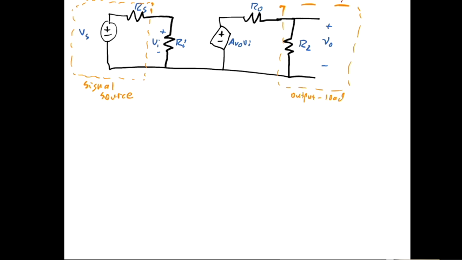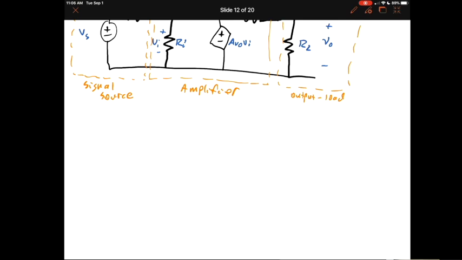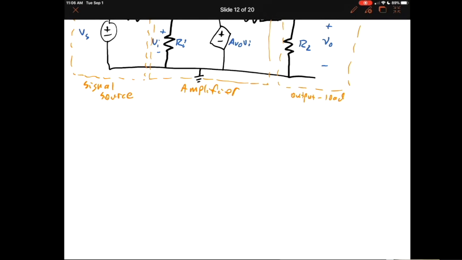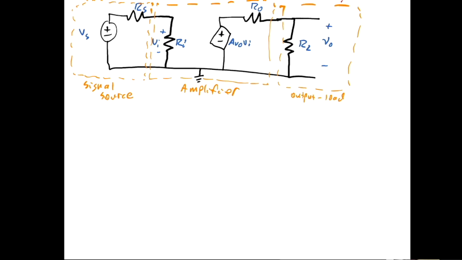We usually just talk about the load and don't really worry about it too much beyond that. And this is the amplifier right here. And I might add in a ground. It doesn't really have to be there. This ground is a common reference.